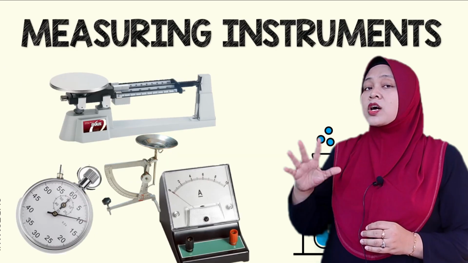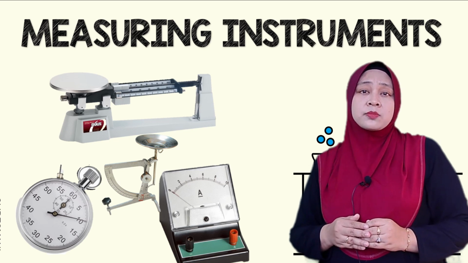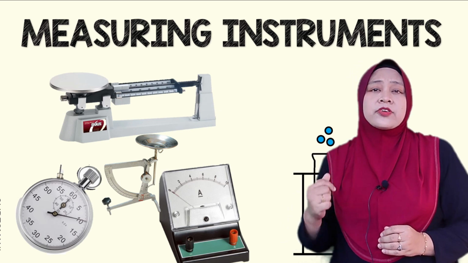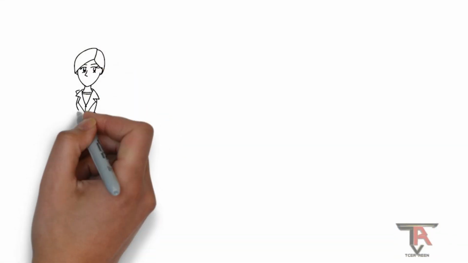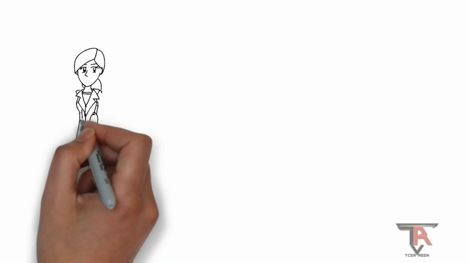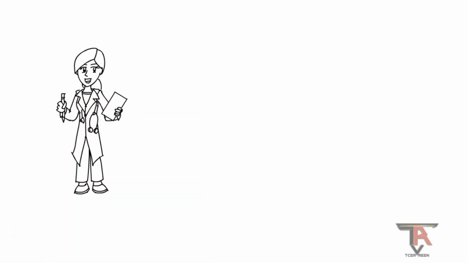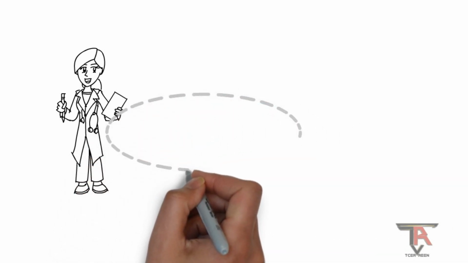Let us review 5 physical quantities with its measuring instrument and the unit that used in the physical quantities. Do you remember that we have learned about physical quantities in our previous class?